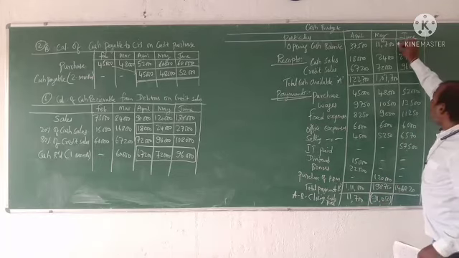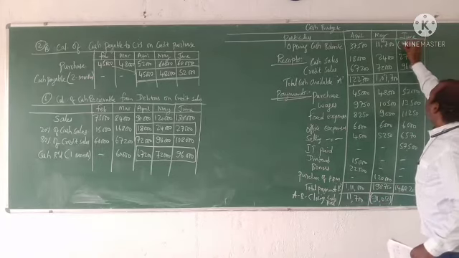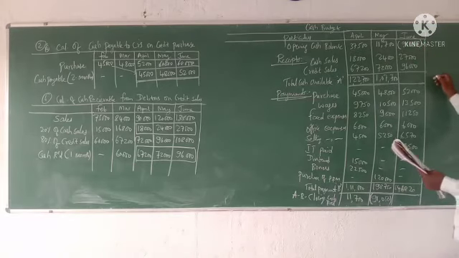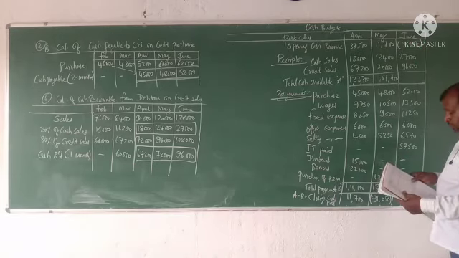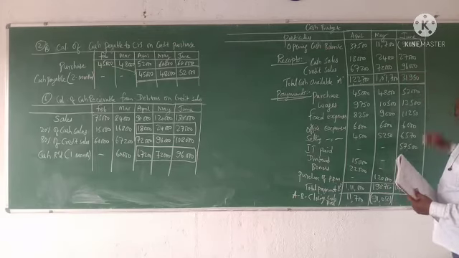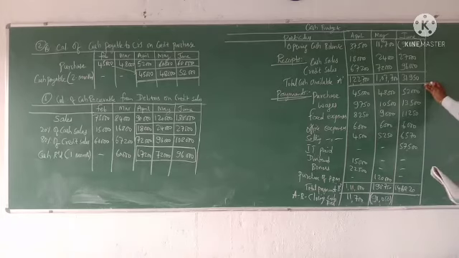So here also, 91,050 minus value we have to take. Now take the total. You get 31,950. 31,950 minus 1,46,820.